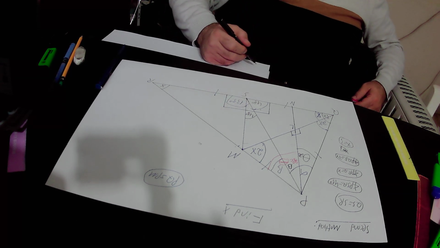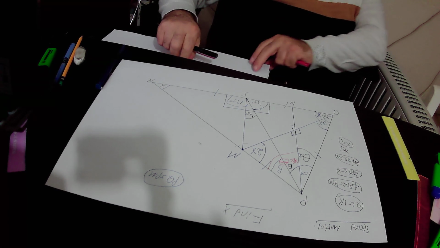So in the next step we will focus on triangle PNS and triangle PSM. I will copy it again. And we will prove that triangle PNS is congruent to triangle PSM.